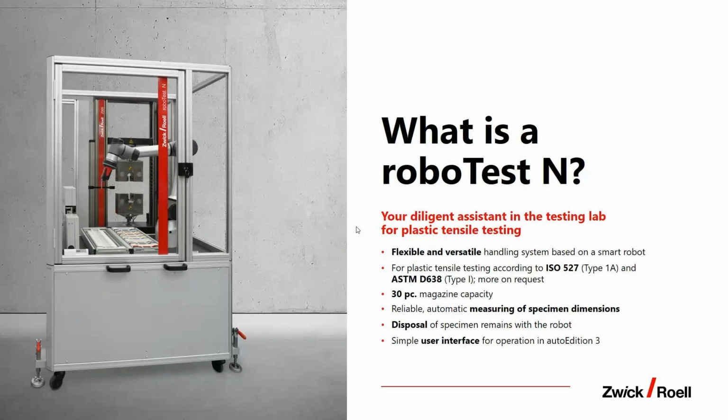What is a roboTest N? A roboTest N is an add-on box, an add-on robotic system. You see here on the left-hand side, it is flexible and versatile. In the case of plastics, it's for ISO 527 or ASTM D638. Capacity is 30 pieces.